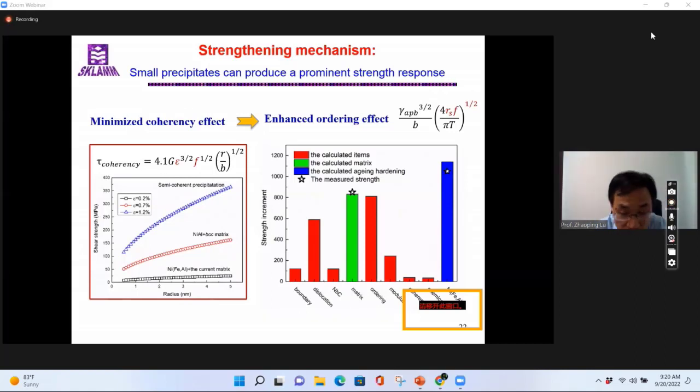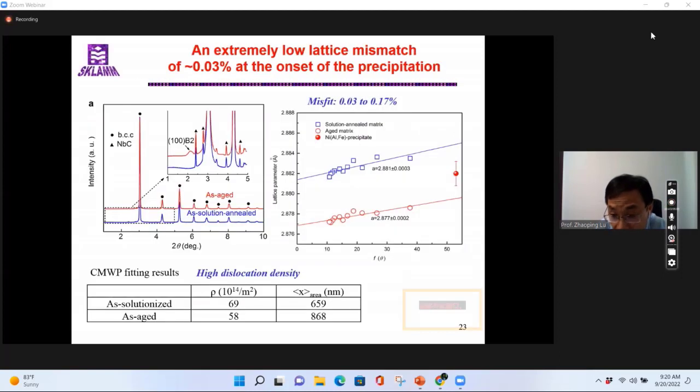We can calculate this based on the equation in the textbook. So this confirms why our material has a high strength, because of this ordering effect. Then the other question is why we can have homogeneous ductility in this material.